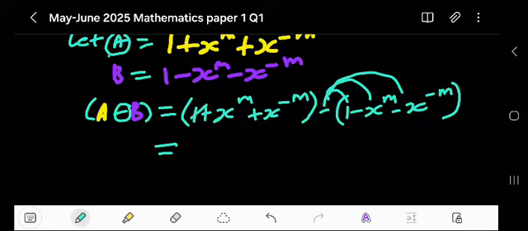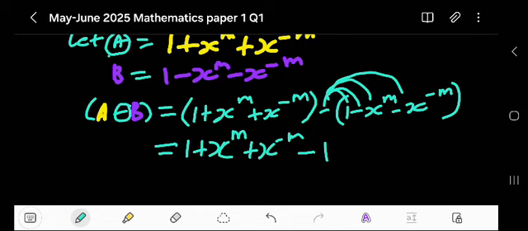Okay, let me just write it so that you'll see: 1 plus x raised to the power of m plus x raised to the power of minus m, like that. We distribute, and we have minus 1. We distribute, and as you can see, we have plus x raised to the power of m.